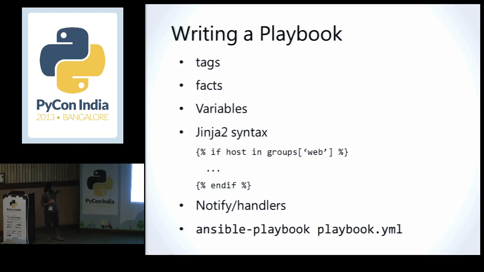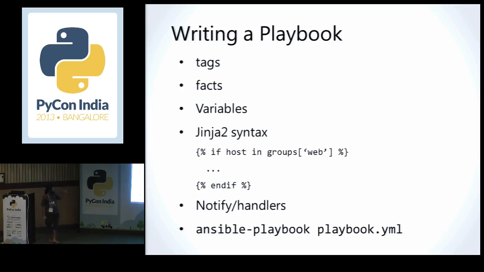Facts: Ansible has a module called facter, which runs before every playbook is run, and gets you details about the host, like certain system variables which are set on it, which might be helpful for you to write your playbook. You can set variables, like how we saw previously, the host variables and group variables.